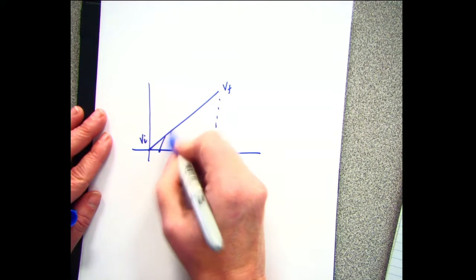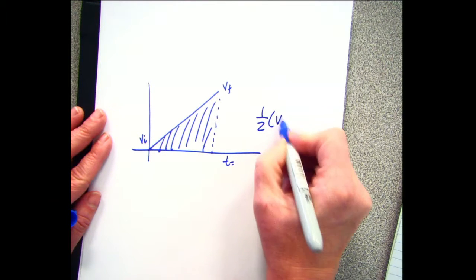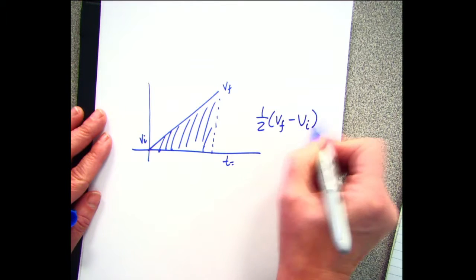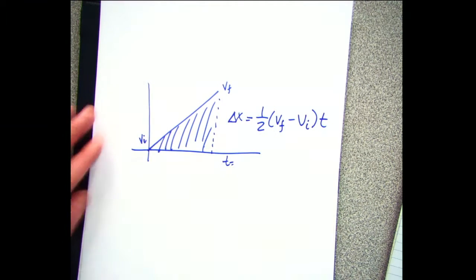I can look at the area under this, and that looks like 1/2 (velocity final minus velocity initial) times time. I can actually write an equation and get an average position there. So I can use my graphs to really help me consolidate that information.